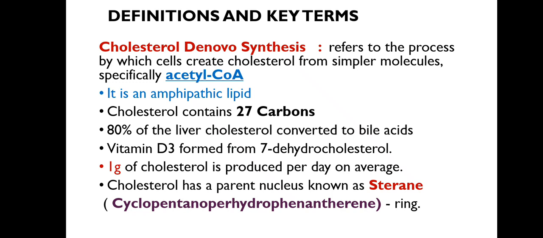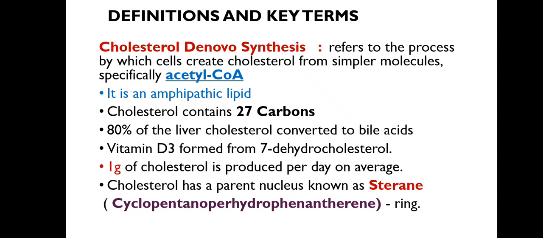That ability of the body to form a molecule from scratch, we call de novo synthesis. This term may not just be used for cholesterol, but they can even say de novo synthesis of what? Fatty acids. They're just telling you that this is the process that is going to involve the formation of fatty acids.